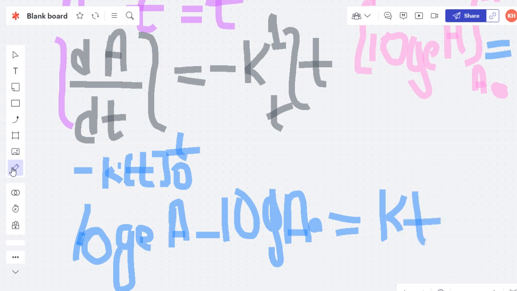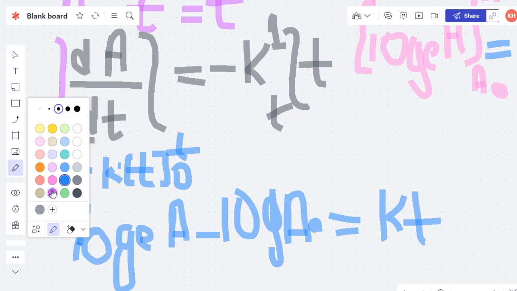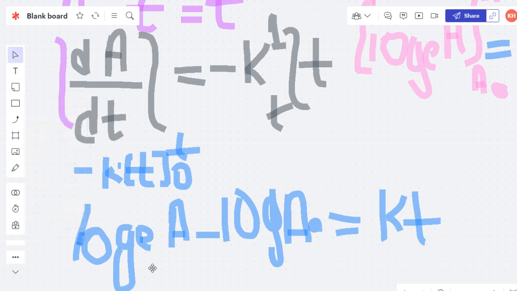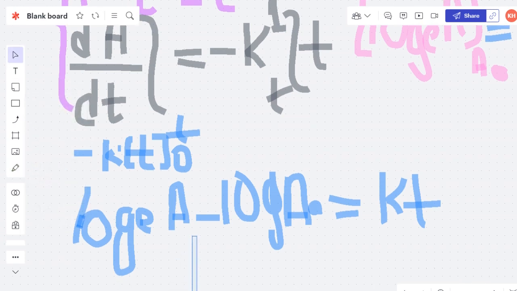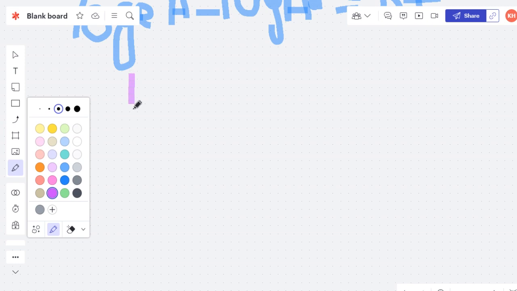After simplifying the formula more, we will do something like this. Let's go a little down more. I'll be explaining the graph simultaneously, how we can use this graph. Log e x is equal to 2.303 log 10 x.